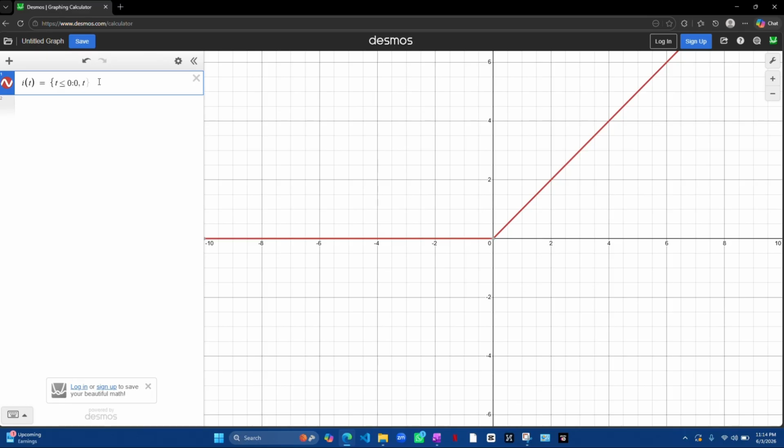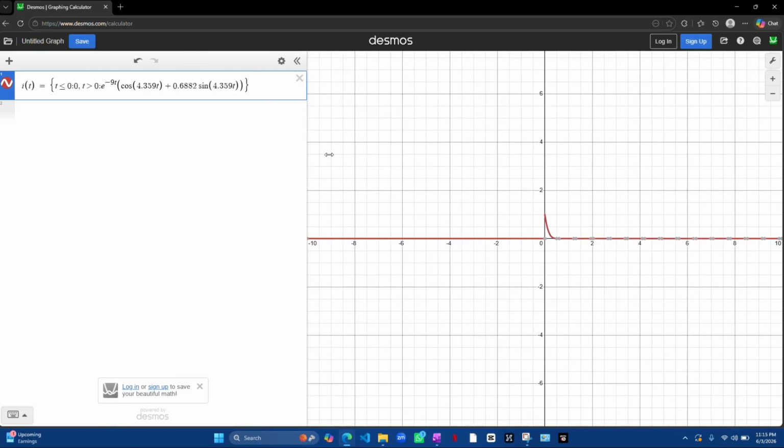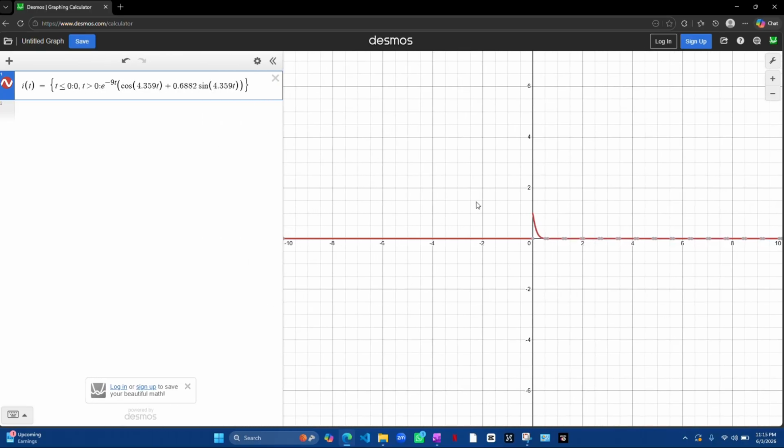And then for T greater than 0, we want it to be e to the minus 9t times cosine 4.359 t plus 0.6882 sine of 4.359 t. And then we close that all up. And let me go ahead and increase this so you can see the whole function.